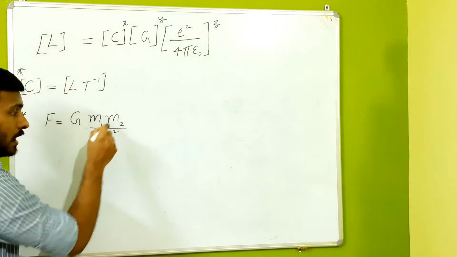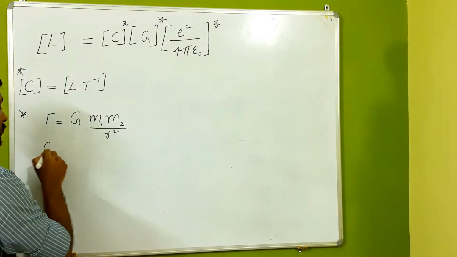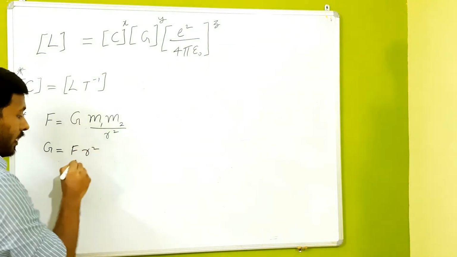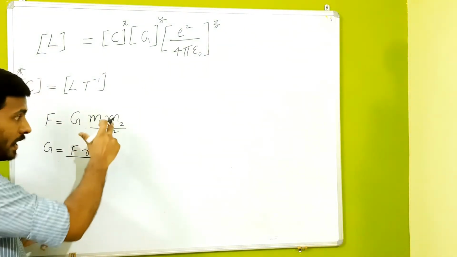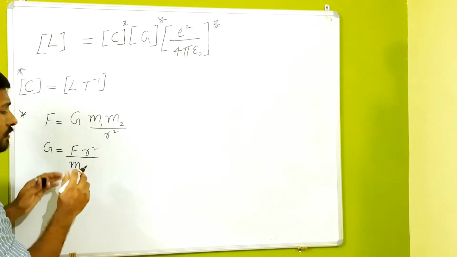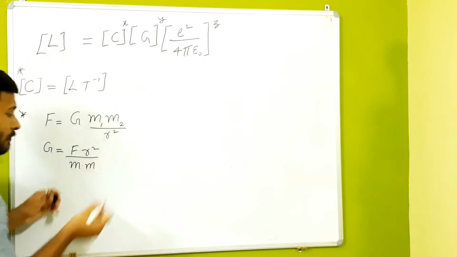These two terms are masses. This is the distance between the masses. Therefore, from this we can write G is equal to F r square divided by m1 m2. If both the masses are the same, we can write it as m into m.